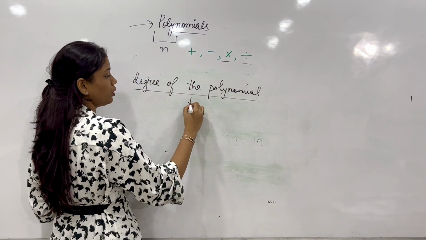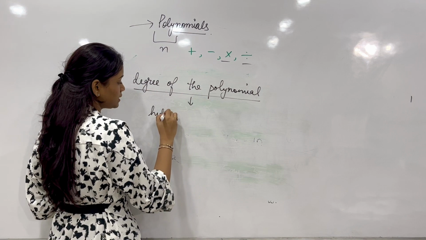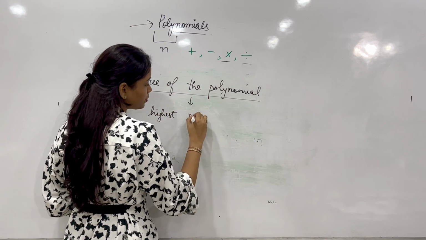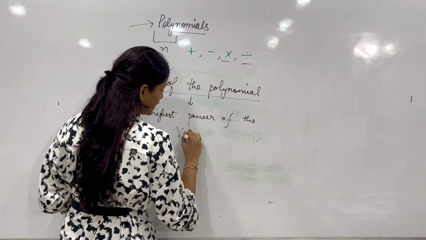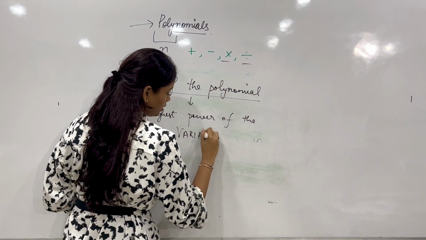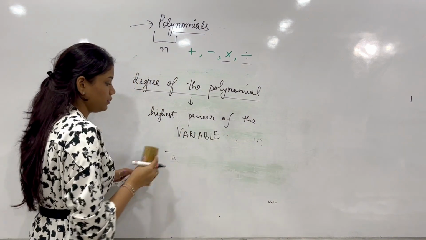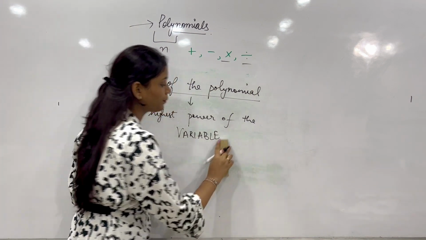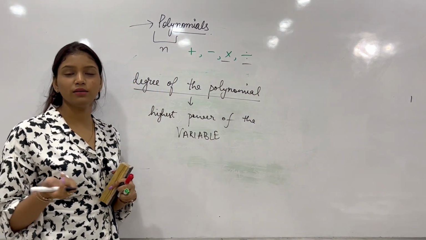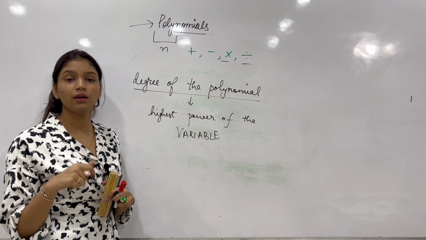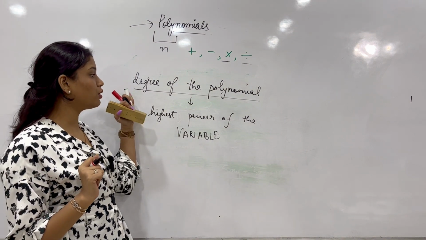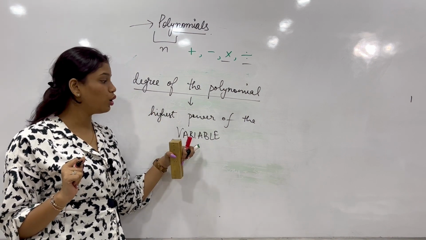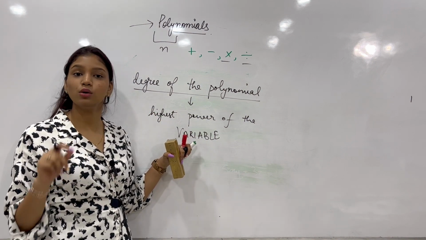Degree of the polynomial means the highest power of the variable in the polynomial. हम polynomial कैसे बनाते हैं? We make it using variables and constants and plus and minus. Now the degree of the polynomial is the highest power of the variable and variable only.